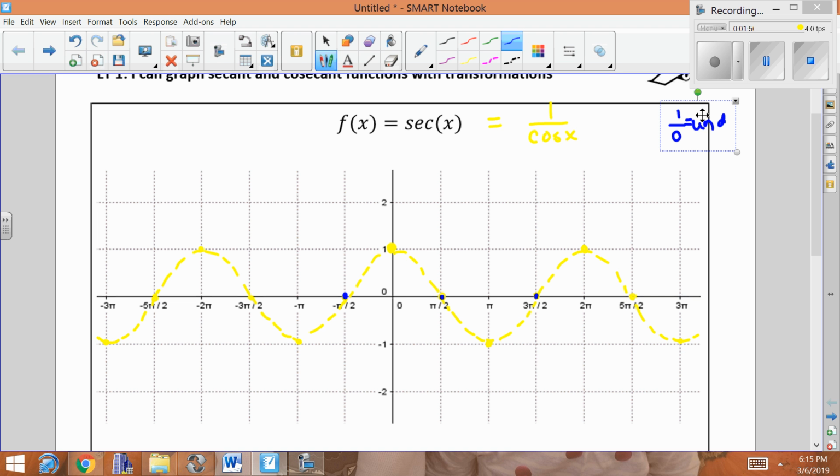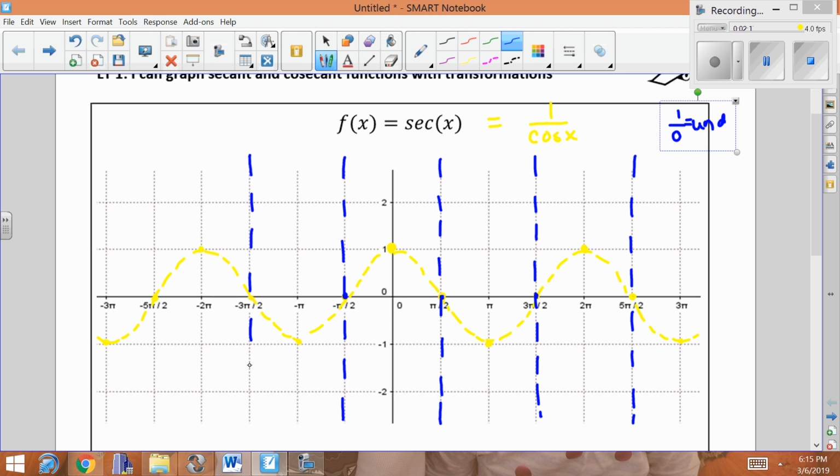So when we look at a graph of something that's undefined, that usually shows up as an asymptote. So everywhere along this graph that had that cosine value that's 0 is actually going to have a secant value that's undefined.